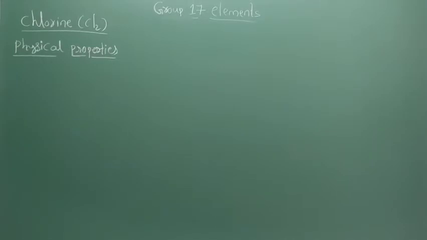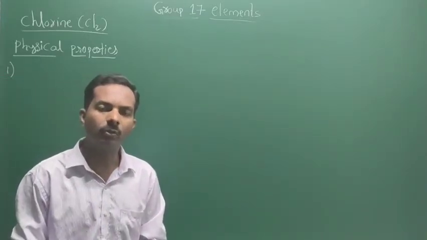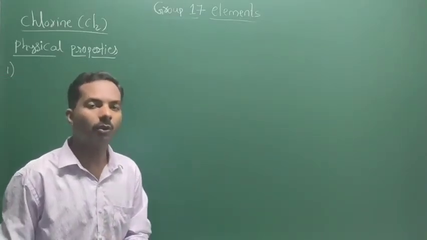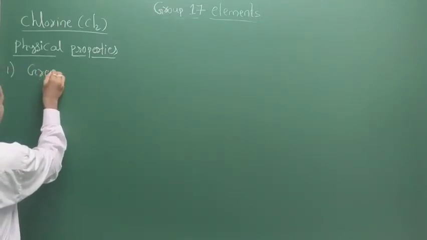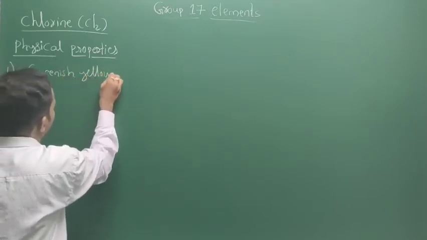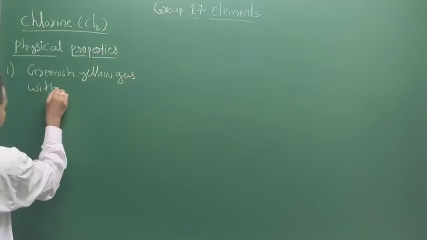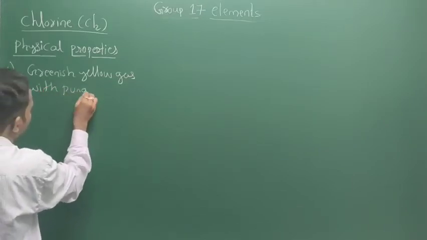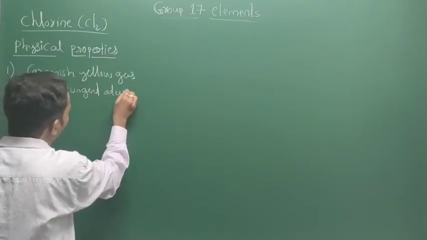So next we move towards the physical properties of chlorine. First one, chlorine is a greenish yellow gas with pungent odor.